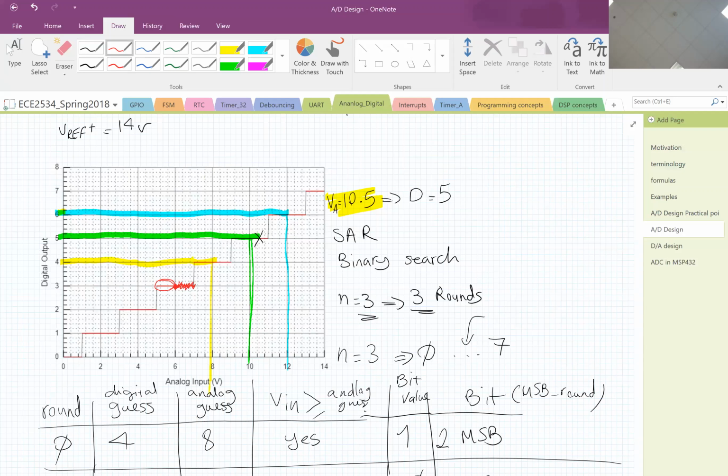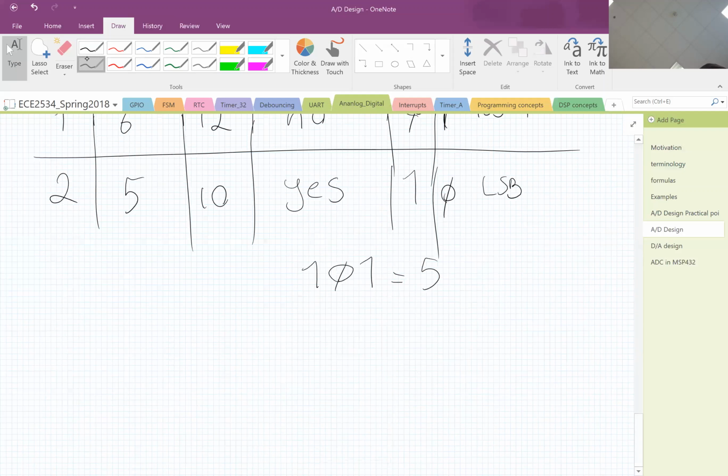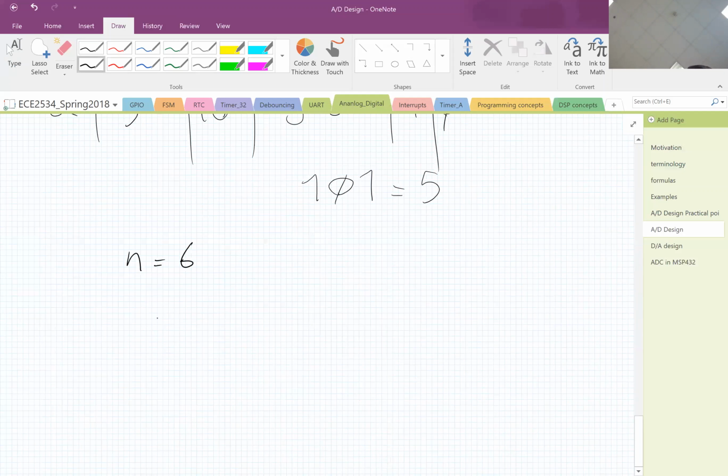However, let's say that your N is equal to 6, and the value you get could be 1, 2, 3, 4, 5, 6. So this is the correct value, but you get this.